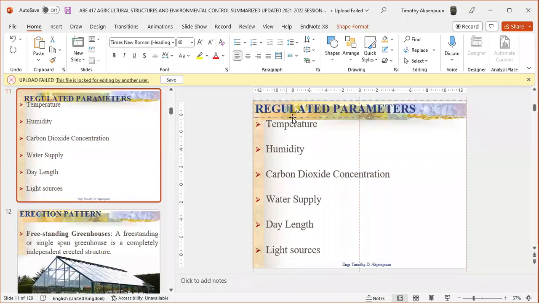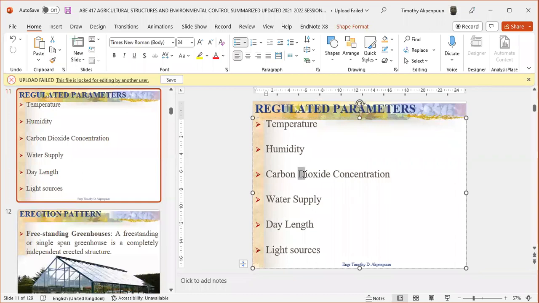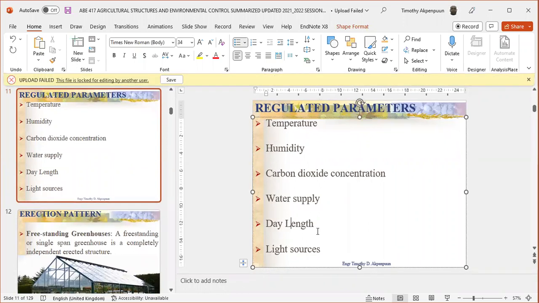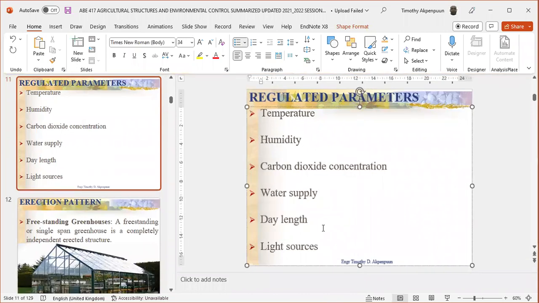We have them here: temperature, humidity, carbon dioxide. How do you regulate carbon dioxide concentration? I'm asking, someone should answer me. The presence of plants inside the greenhouse. I say, how do you control carbon dioxide in the greenhouse?